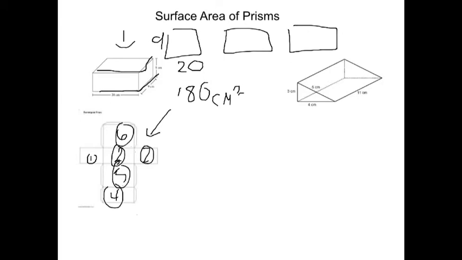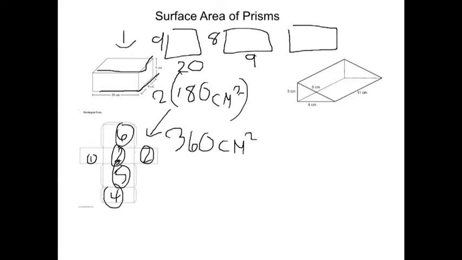I also know for a fact that there are 2 of them. So if I were to take into consideration the top and the bottom, I would have 360 centimeters squared as my area for just the top and the bottom. If I took into consideration the sides, I would have 9 and 8 as my base length and width.